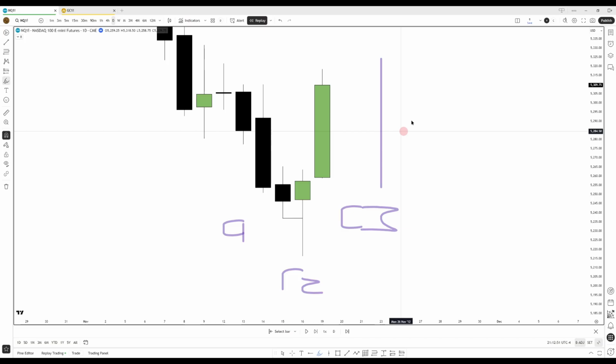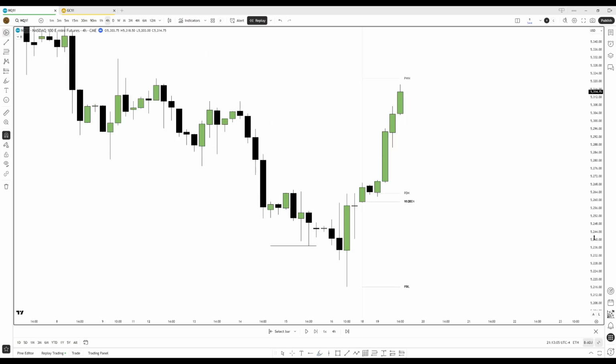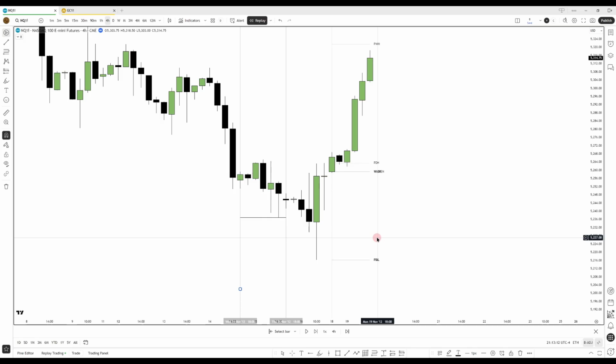So let's move down to the 4 hour. Boom, 4 hour. Candle 3. Move this, right? So we have 1800. So I'll do this 1800 and then 1800 and then 1800.